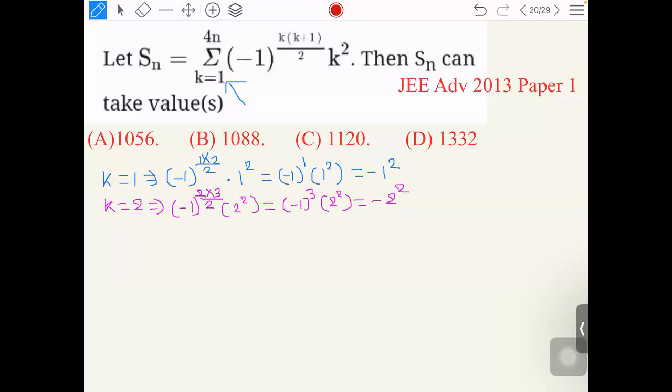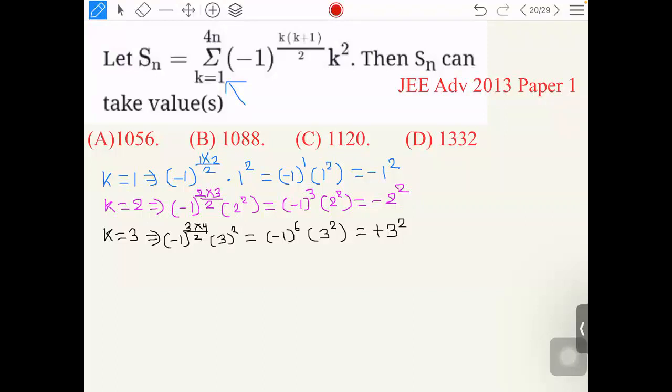Many students made a mistake in a hurry, thinking you will always get a minus sign here, and simply wrote minus 1 square plus 2 square plus 3 square, and that was a mistake. Because now, if we take k equal to 3, then we will get minus 1 to the power 3 into 4 by 2 into 3 square, or minus 1 to the power 6 into 3 square, so we'll get plus 3 square.